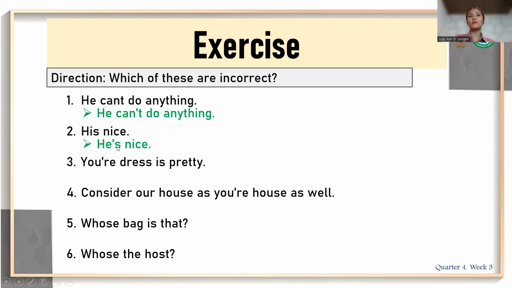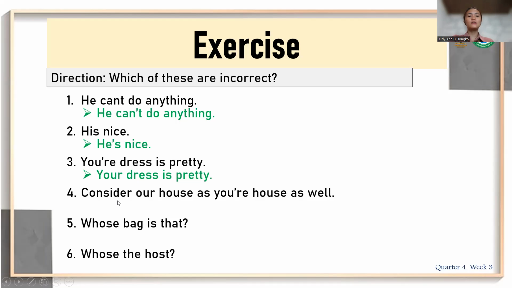Okay, so next is you're dress is pretty. This is incorrect. So the correct form is your dress is pretty. You're not saying someone like you are dressed is pretty, right? So in this sentence, we are showing a possessive form of a pronoun, which is your dress is pretty.